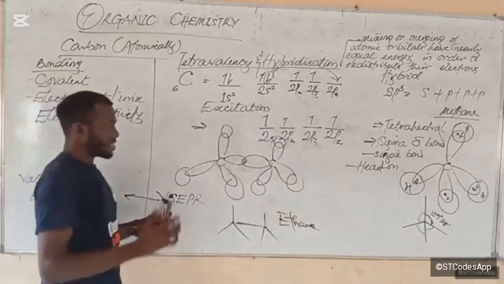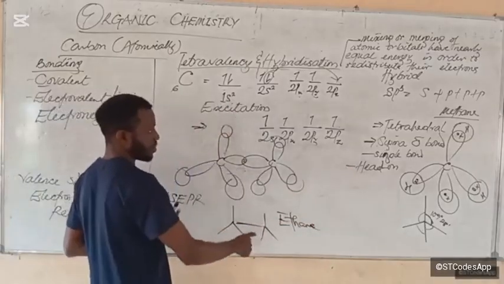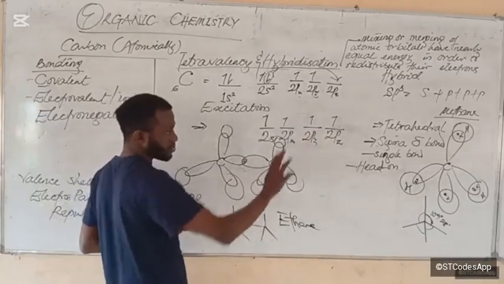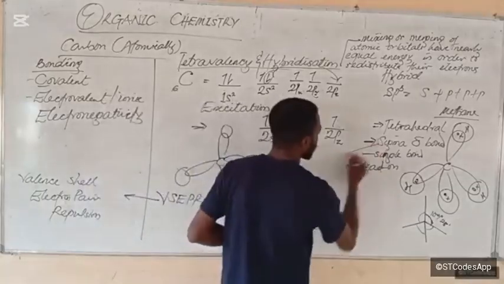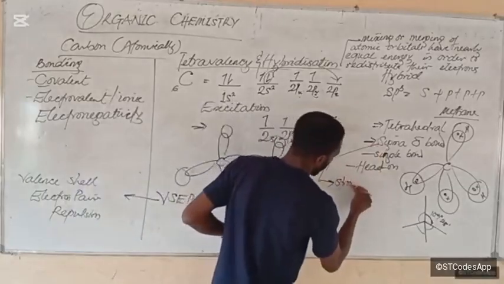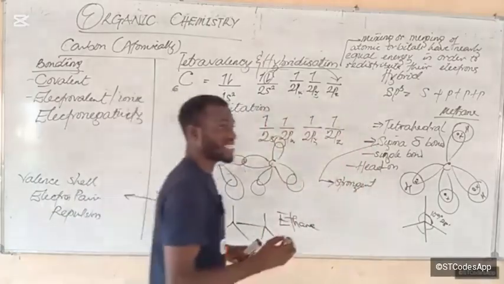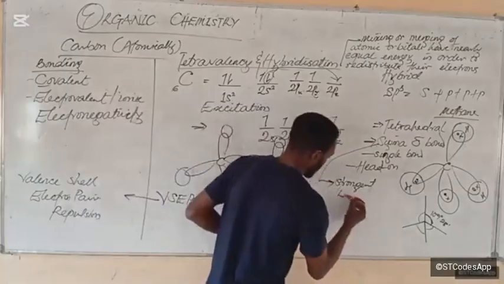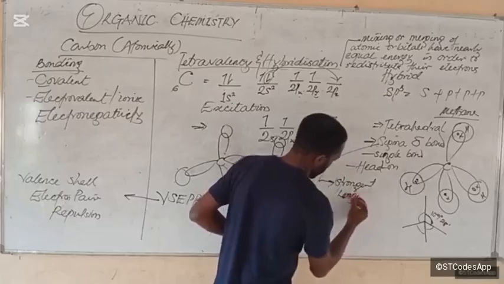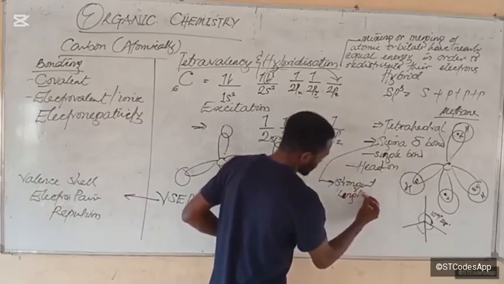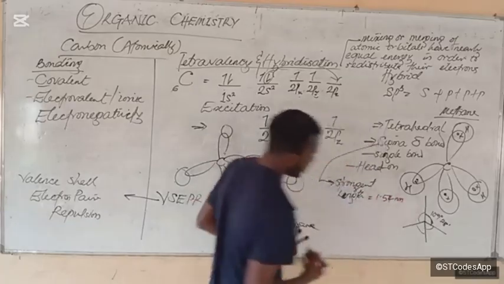So at the end of the day, we see that they form four sigma bonds all through. A sigma bond is the strongest covalent bond, and usually has a longer length, with a length of about 1.54 nanometers.